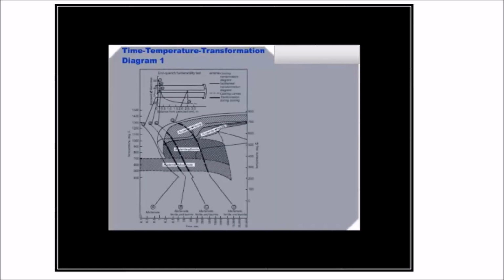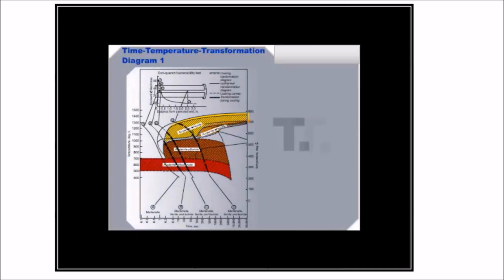To aid in the determination of what microstructural constituents will result from rapid cooling rates, the metallurgist uses another diagram which is referred to as a TTT diagram, or time, temperature, transformation diagram. These are also called isothermal transformation diagrams, or IT. As the name implies, it describes the microstructural products which can occur after specific times at a particular temperature for a particular steel composition.